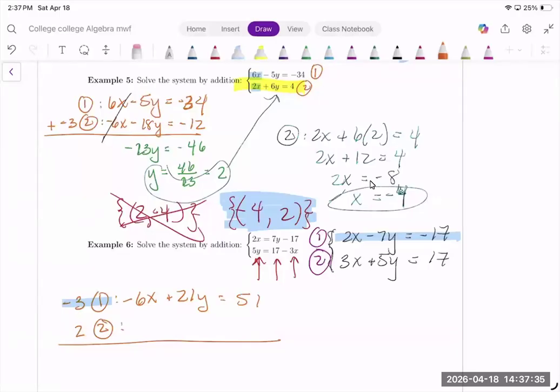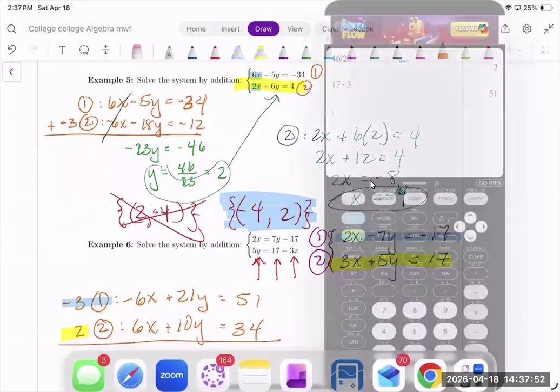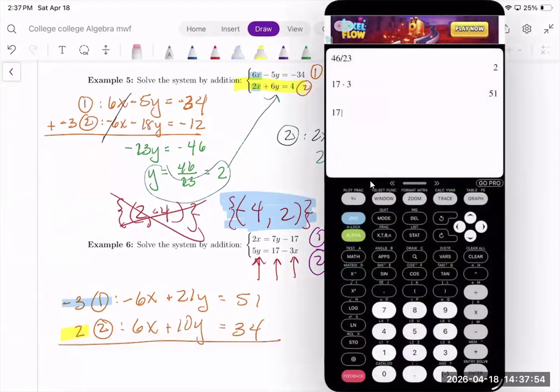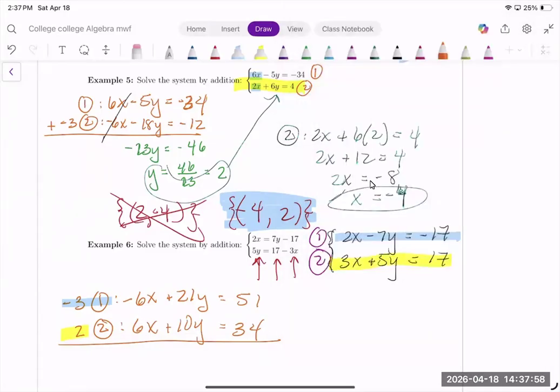Running a 2 through equation 2. So 2 times 3 is 6x. 2 times 5 is 10y. 2 times 17 is 34. Let's just check, because y'all have seen how my brain is working today and it's not well. Okay, there we go. Perfect.